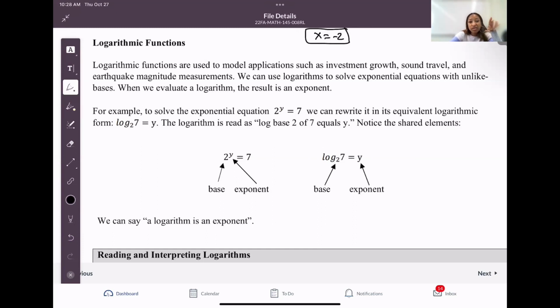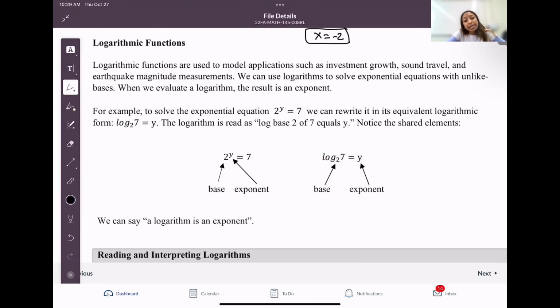All right, so we start off with an example here of what the exponential form and what the logarithmic form would be equal to. If we have the exponential equation 2 to the y power equals 7, the logarithm answers the question, what power would I raise 2 to get 7? Okay, but what does a logarithmic form look like? So we're going to use the word log to denote a logarithm, and then the log has a base, like I said.